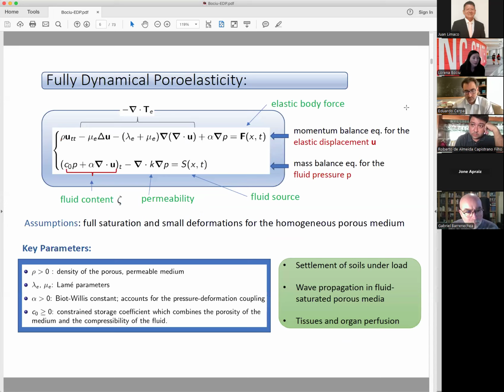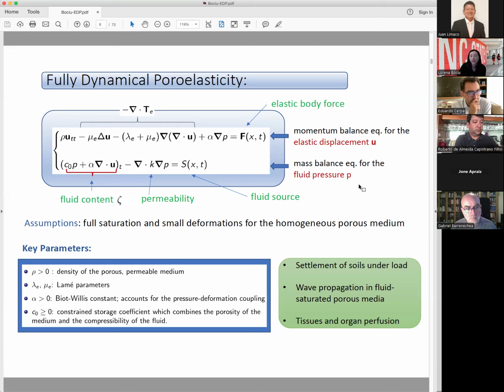In general, this is how a fully dynamical poroelasticity system looks. We have two balance laws. I wrote it here in terms of just the two main variables, the solid displacement or elastic displacement U and the fluid pressure P. The first equation is the momentum balance equation for U. The second equation is the mass balance equation for the fluid pressure P. As I said before, we are assuming full saturation, but also small deformations for the homogeneous porous medium.